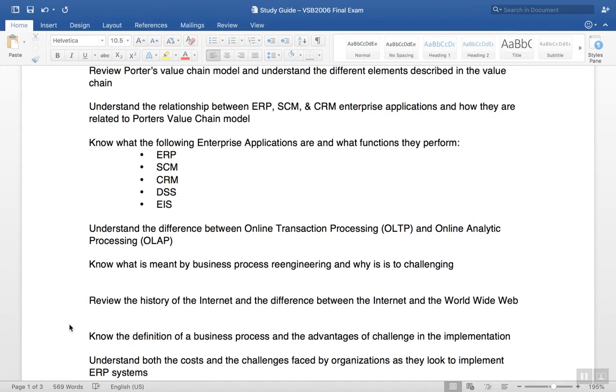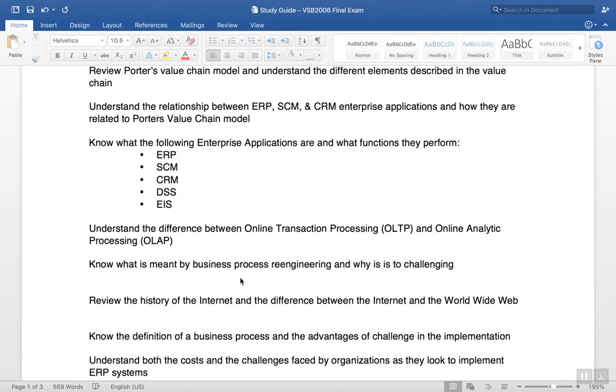The idea is OLTP is focused on the generation of data through the execution of processes, and online analytic systems take that information and do analysis to gain insights and understanding.